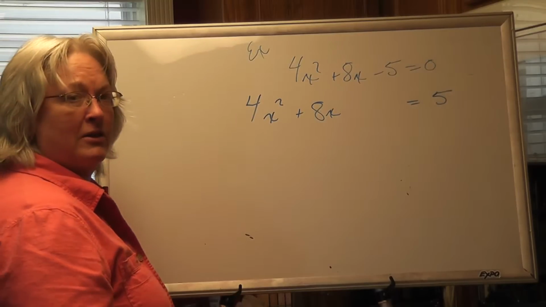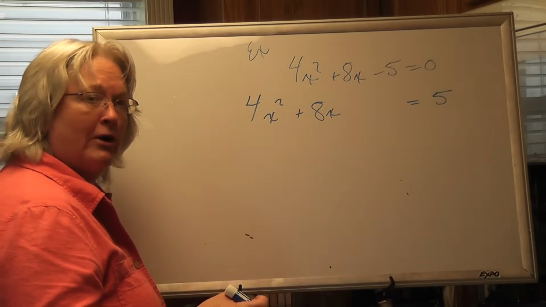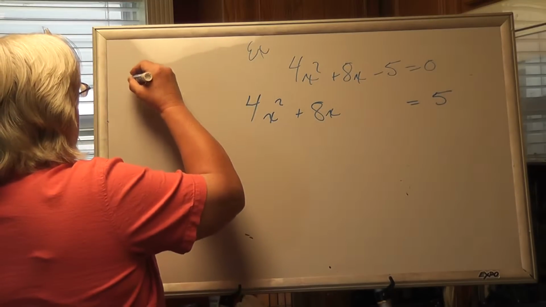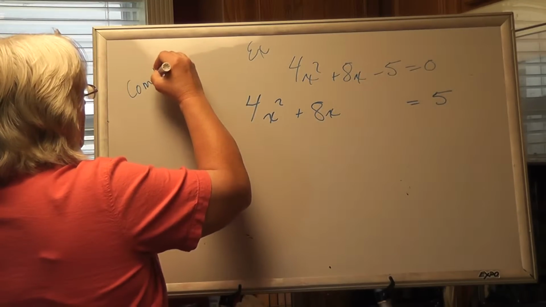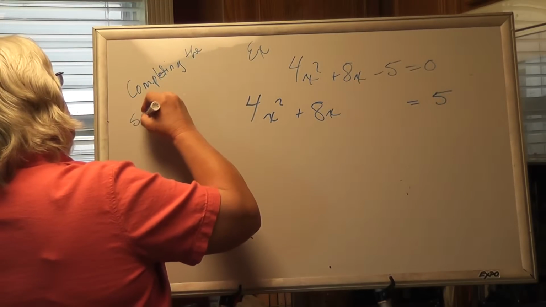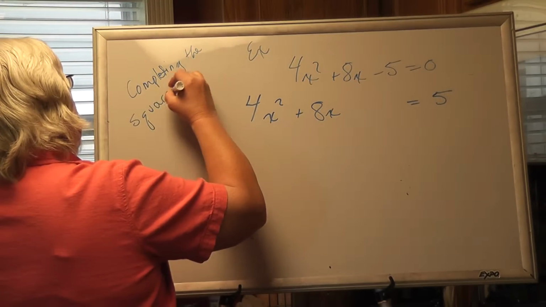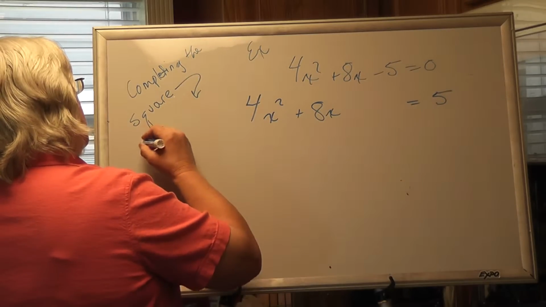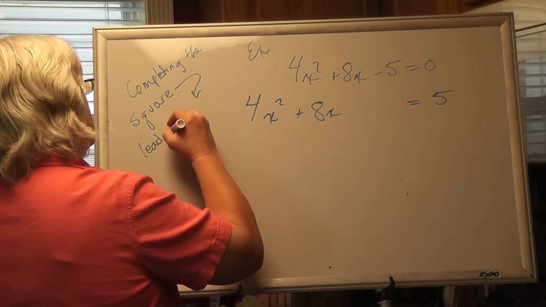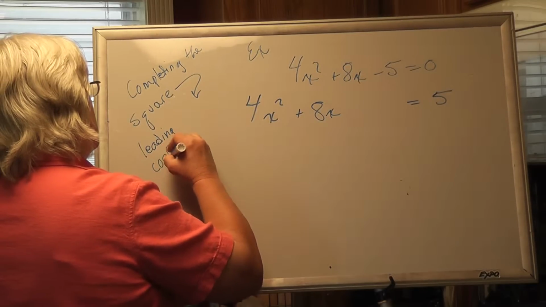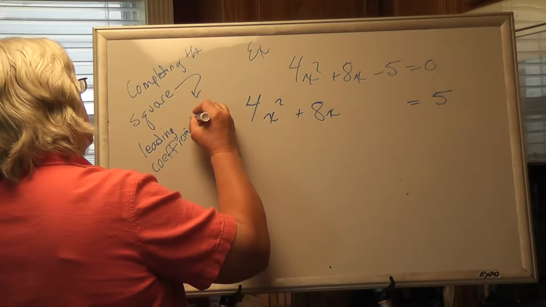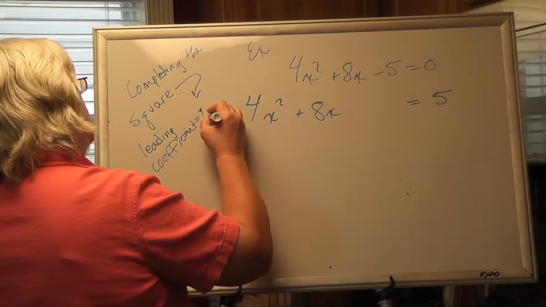Well, you might think that you can, but if you've read your book, which I hope you have by now, you've learned that completing the square only works under a particular condition. The leading coefficient is equal to 1.